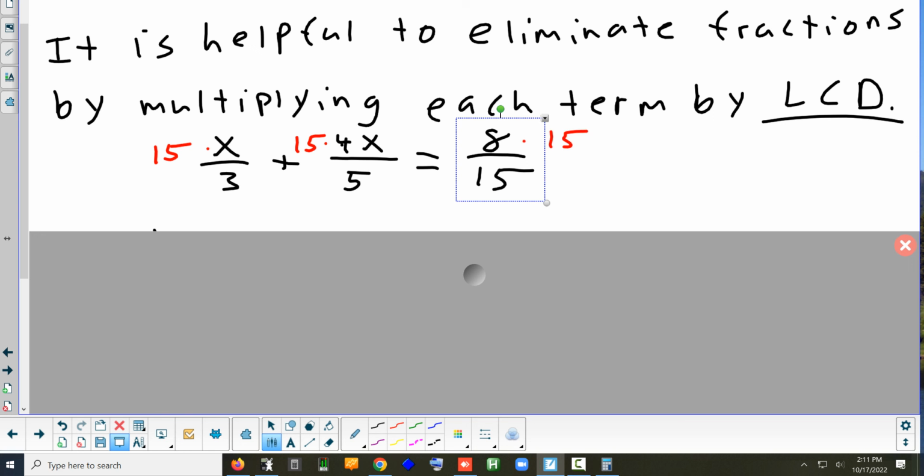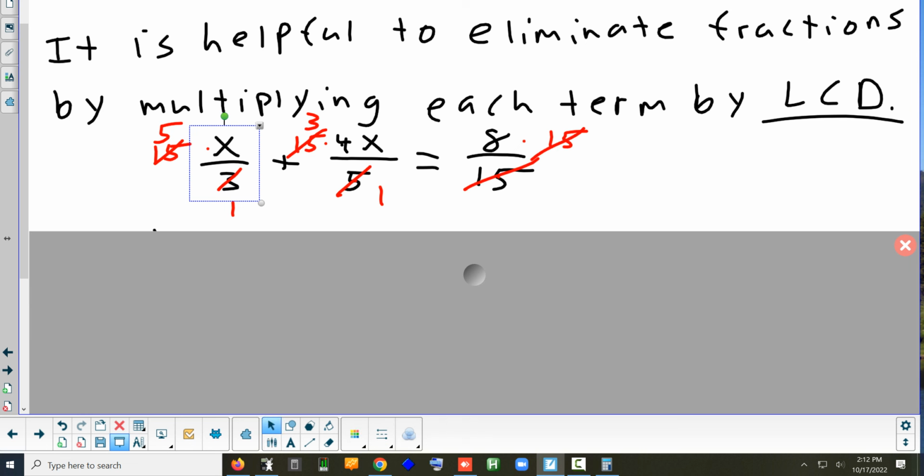And I'm not going to finish the whole thing. I just want to show you what happens. How many times does 3 go into 15? 5. How many times does 5 go into 15? 3. And how many times does 15 go into 15?